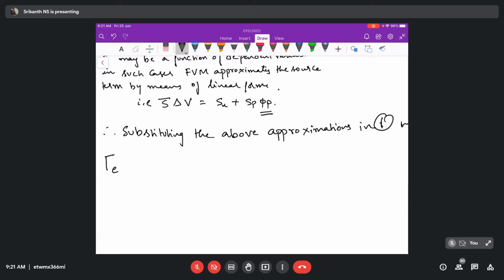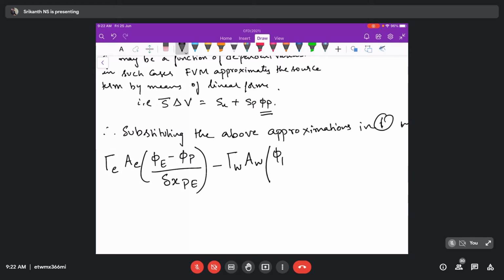Tell me, let's see. Gamma E AE, phi E minus phi P, divided by delta X PE, minus gamma W AW, phi P minus phi W, divided by delta X WP, correct?